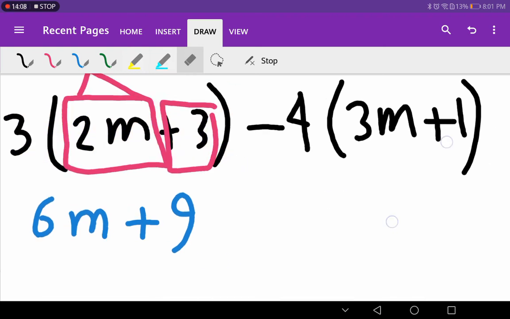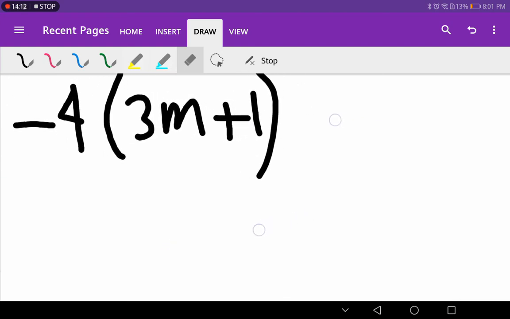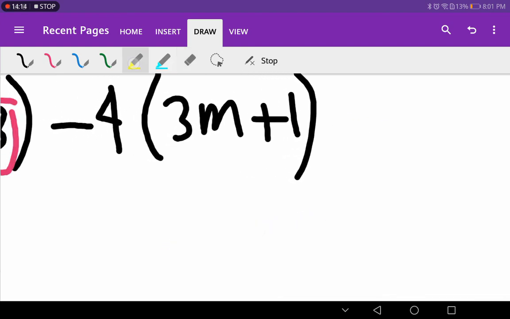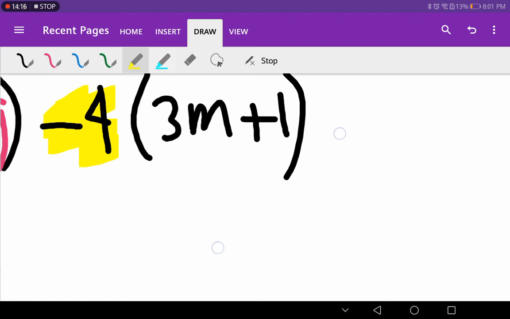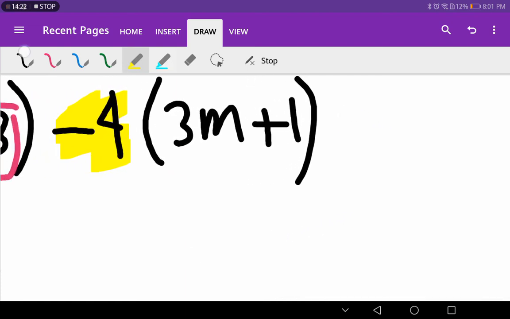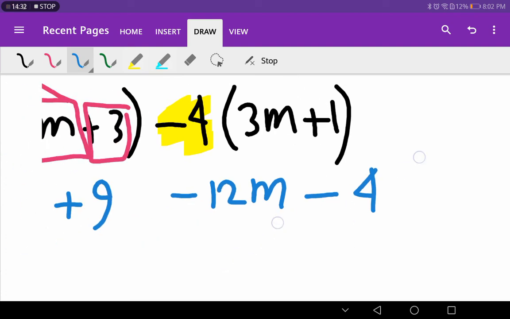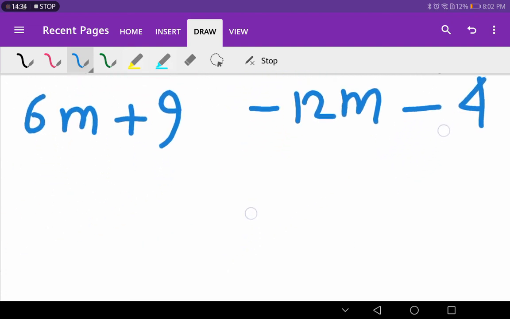Now let us move here. It is not 4. It is what? It is negative 4. See? It is not minus. There is no minus. It is negative 4. Work now. Negative 4 by 3m is negative 12m. Negative 4 by 1 equals negative 4. Okay, now combine the terms.